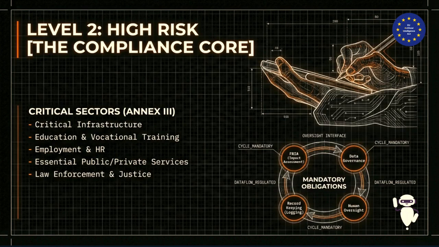On the technical backend, the architecture requires mandatory human oversight, data governance, impact assessment, and always keeping logs to ensure that every single decision is auditable. This is a requirement for high-risk AI applications in the EU.